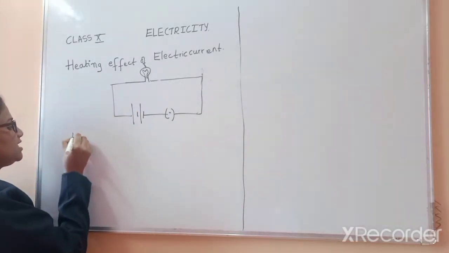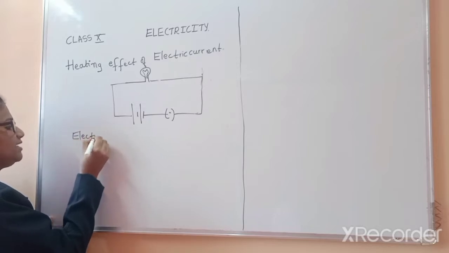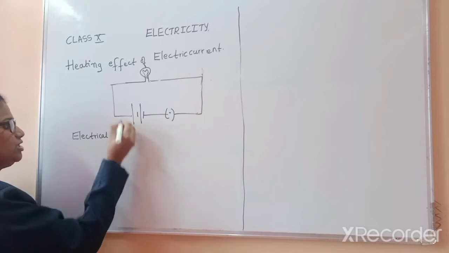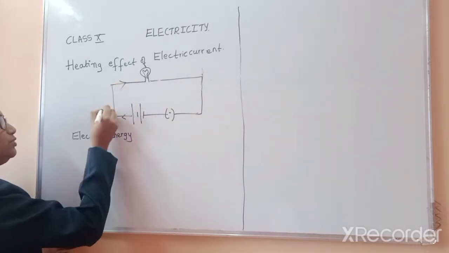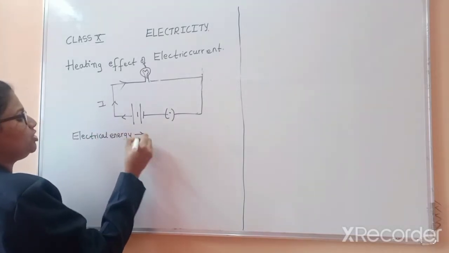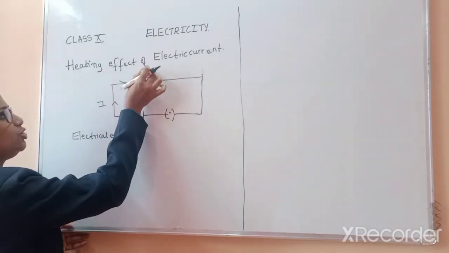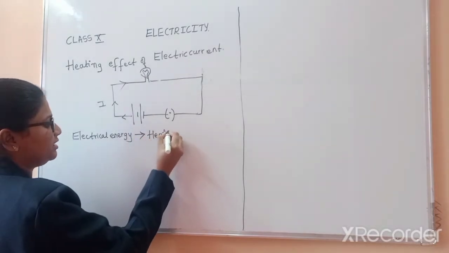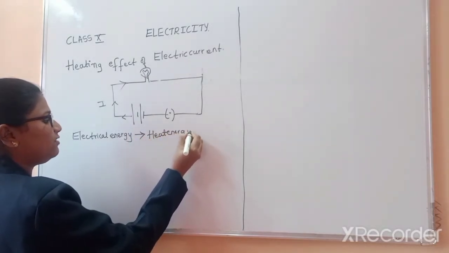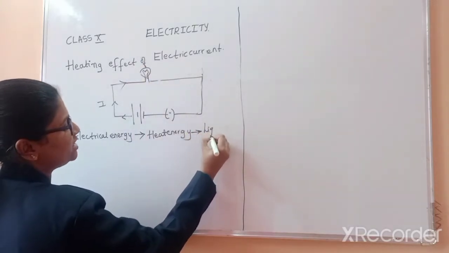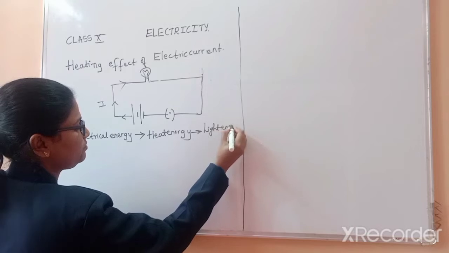So here, what is happening? First, electrical energy is flowing through the circuit, that is the current I. It utilizes this electrical energy to create heat energy, and once the filament gets heated up, it gives us light energy.